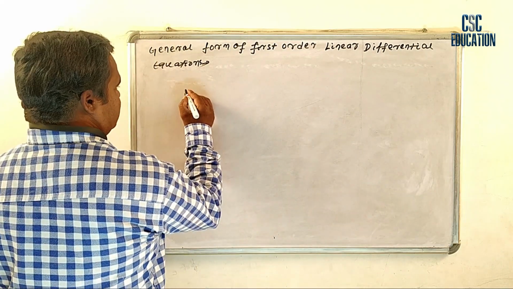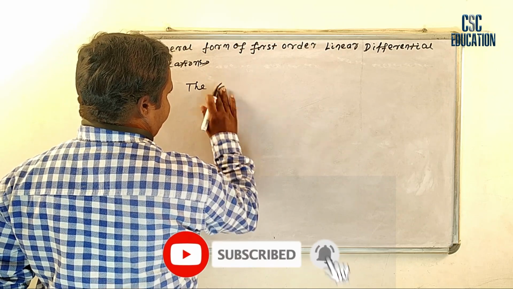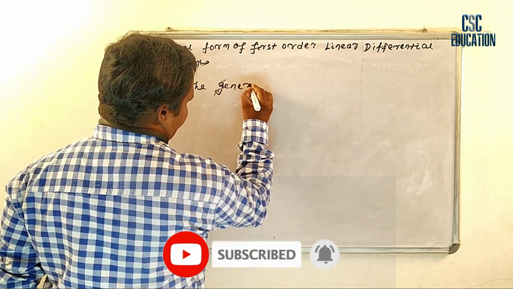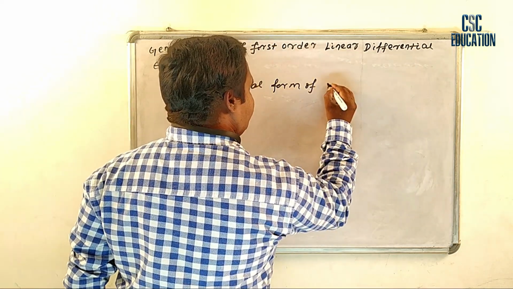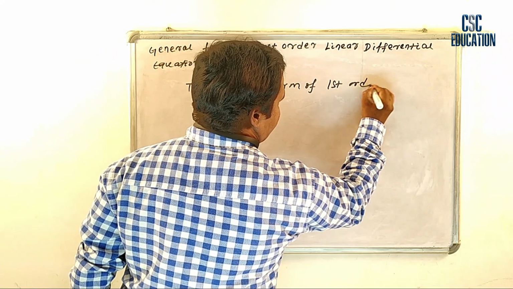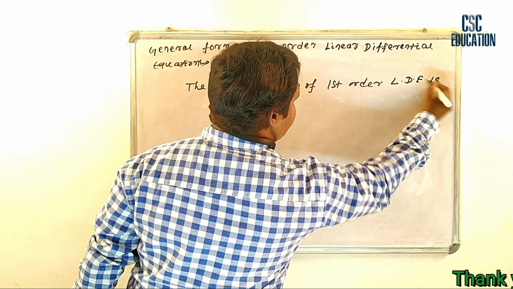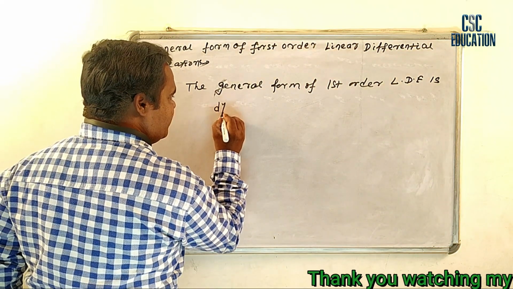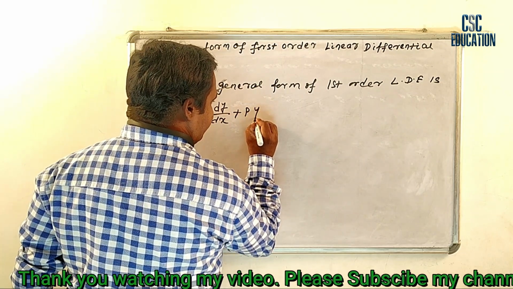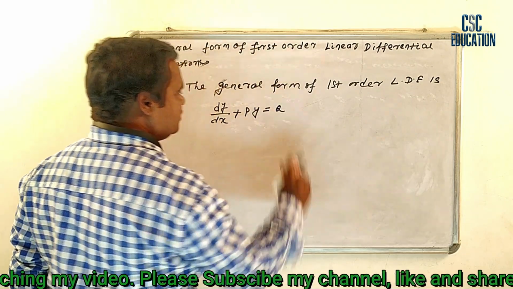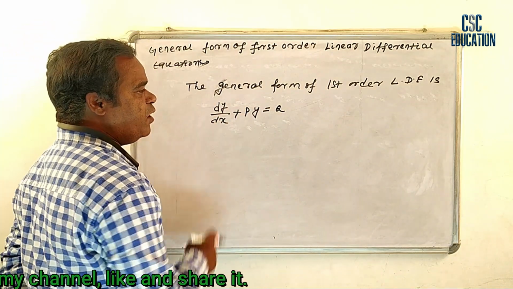Okay, so the general form of a first order linear differential equation is dy by dx plus p of x times y equals q.